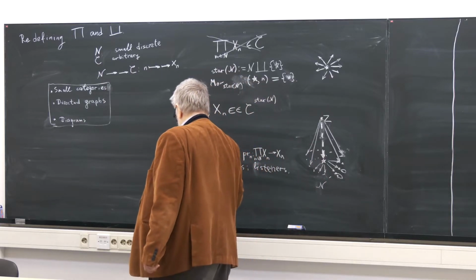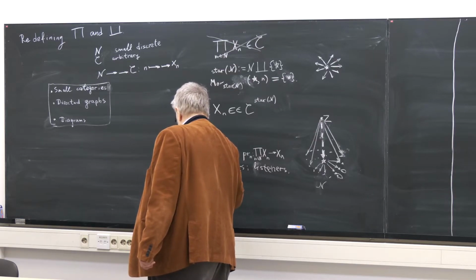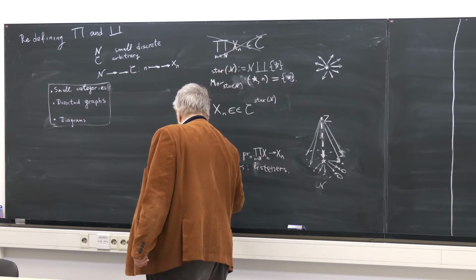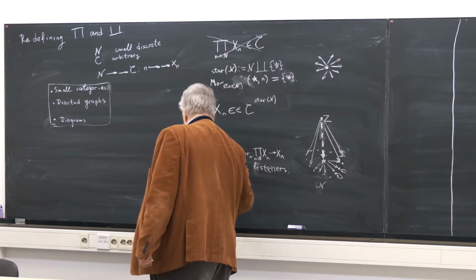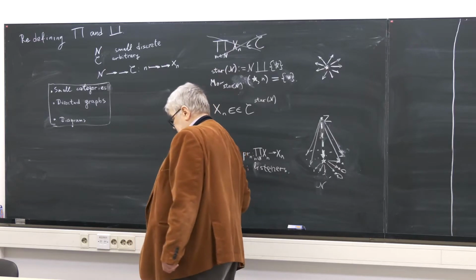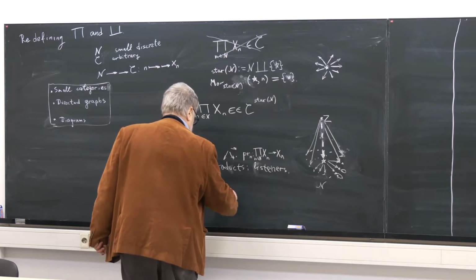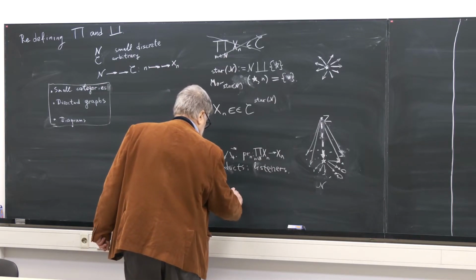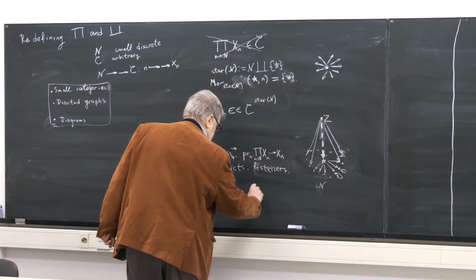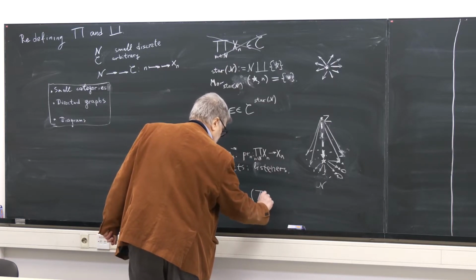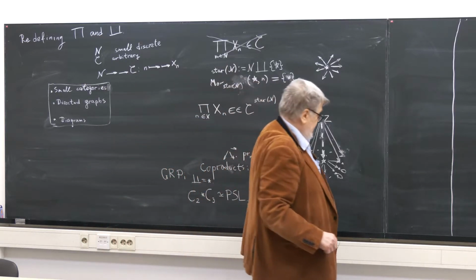And an example that again I strongly advise to think about is that the free product of the two simplest cyclic groups of order 2 and order 3 is just the classical group PSL2, the modular group, very important in lots of mathematical theories.